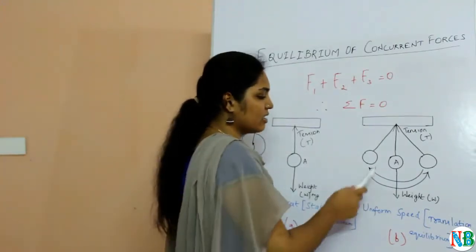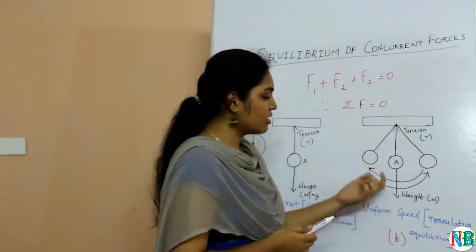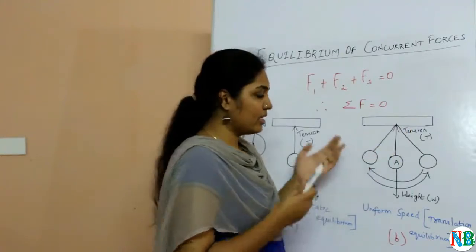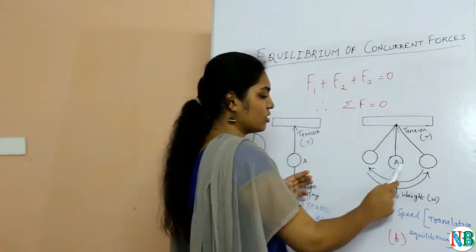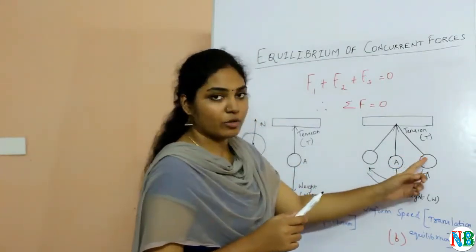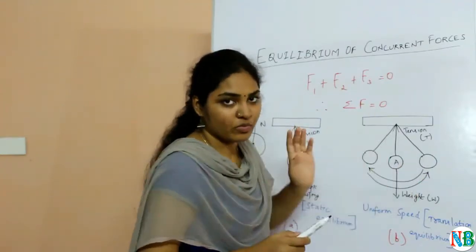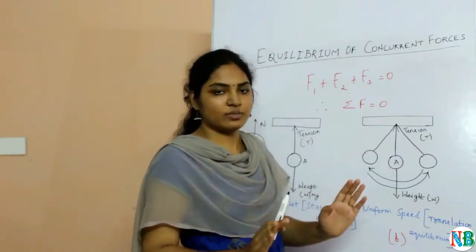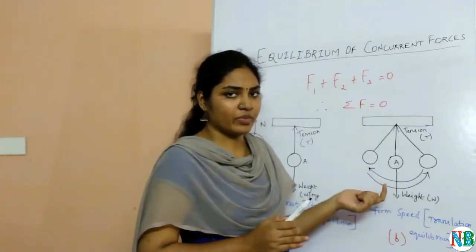And the next one is this case. Here, the pendulum bob is moving in uniform motion. It goes from this position to here, comes back, and keeps going. At the end, it will come to this position and be at rest. But the bob is moving at uniform speed.